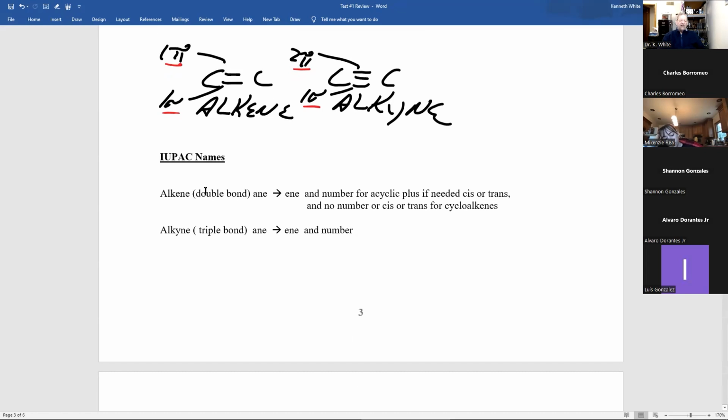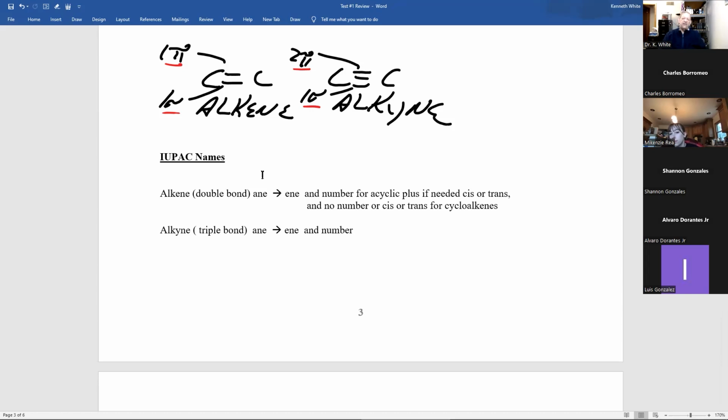Now, for nomenclature, find the longest chain with both carbons of the double bond. Name that as an alkane. Drop the ANE and put ENE. A number is needed for acyclic, plus if needed, cis or trans, and I'll show you that in a second. No number or cis or trans for the cycloalkenes in this class.